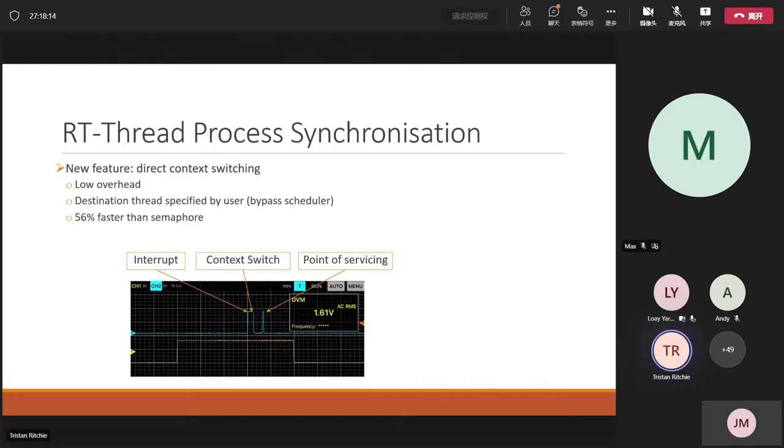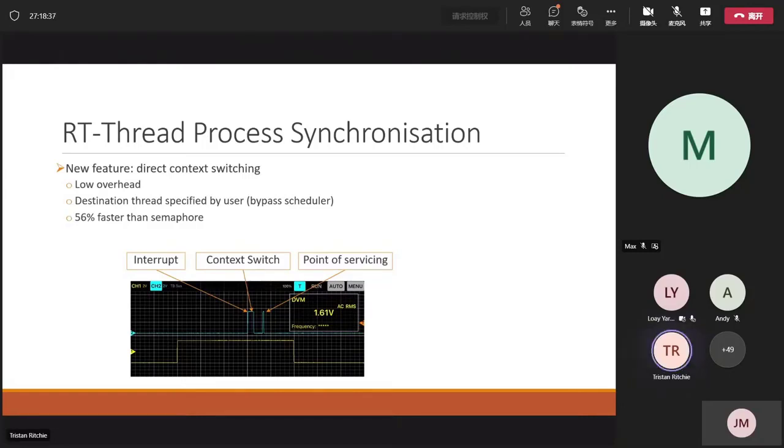In this case, the developer is explicitly telling the scheduler where they want to go. And this cuts through a lot of the overhead associated with manipulating concurrency primitives, like the semaphore kernel object, as well as a lot of the scheduler overhead that is required to figure out which thread we want to run.